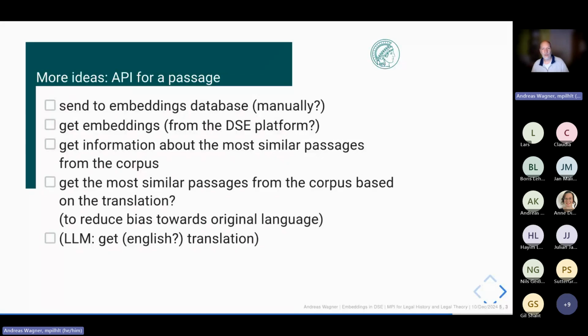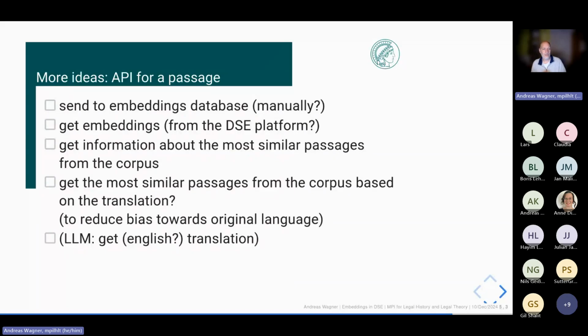Also get information about the most similar passages from the corpus. That is what we had on this other server at the similars endpoint. But maybe not just the IDs of the similar passages, but we can also deliver the metadata that the vector store has stored.